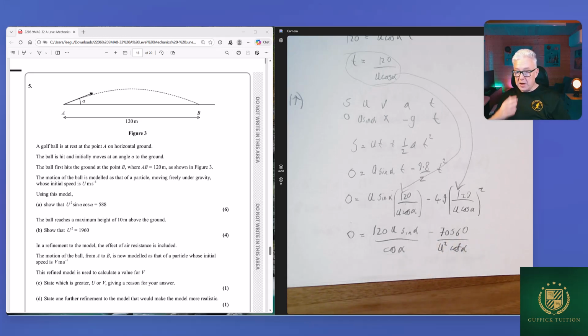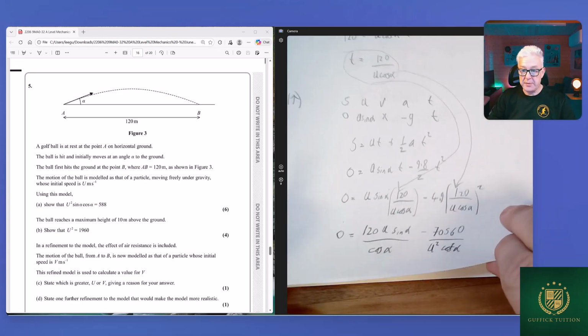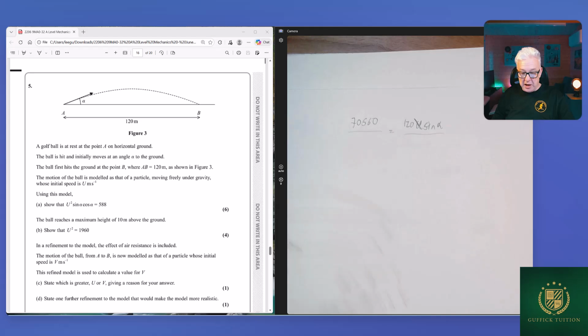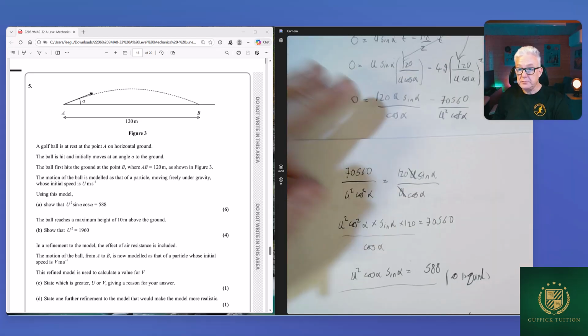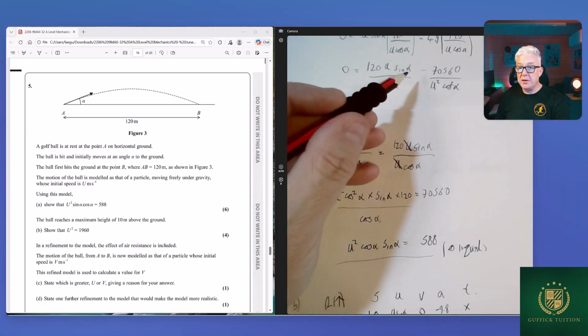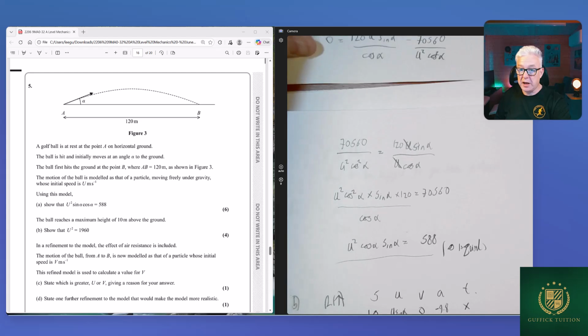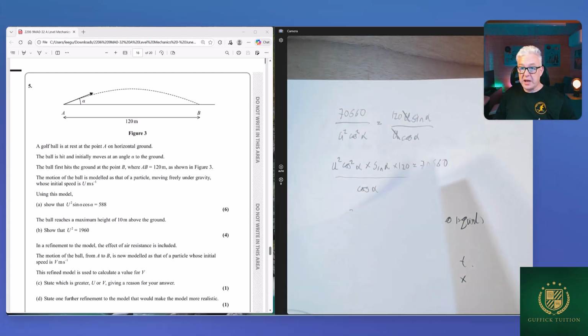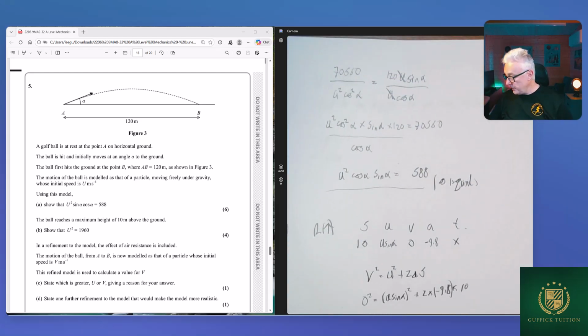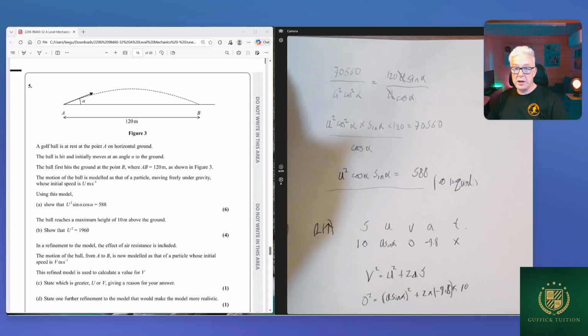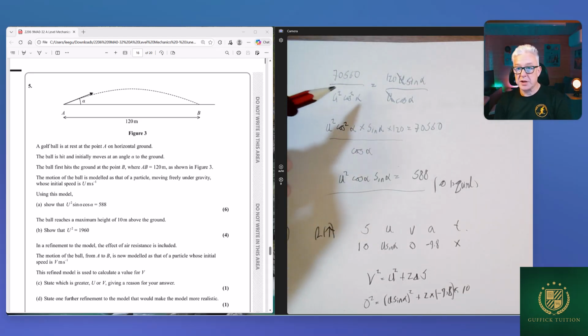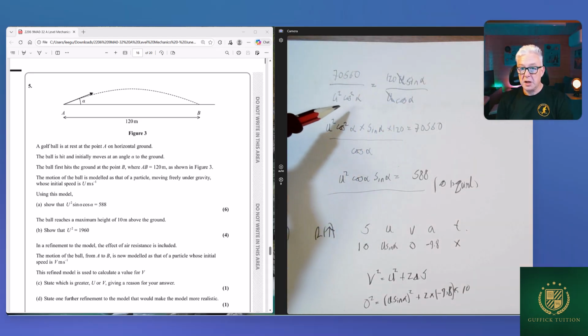Now this whole thing equals 0, so our next step is just to take it over to the left-hand side and do a bit of simplification with that. Let's see what's going to cancel. Our u's cancel. I'm going to times everything by u squared cos squared.